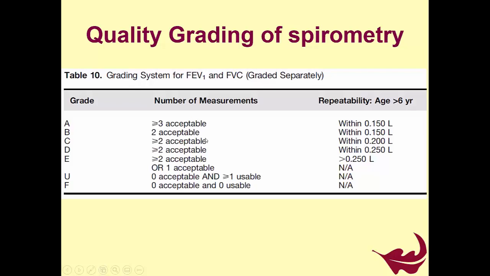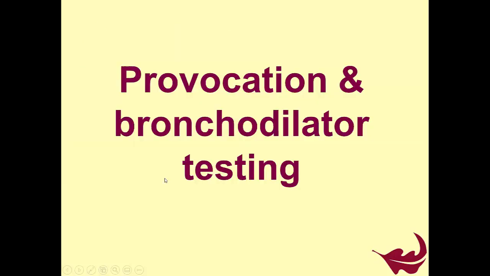So you can see that this is something that we would say is not acceptable and reproducible, but we can still interpret the information. It's not like we've got totally no clue of what's going on, and you can see the grading as it carries on here when it's 250 mL and more than 250 mL and so on and so forth. So you can see the grading system for the quality.